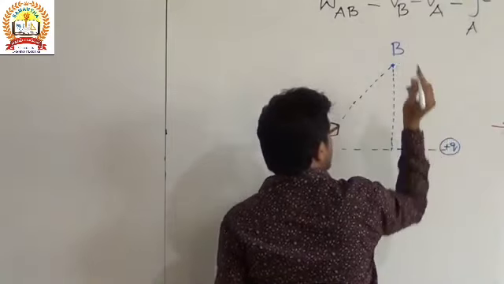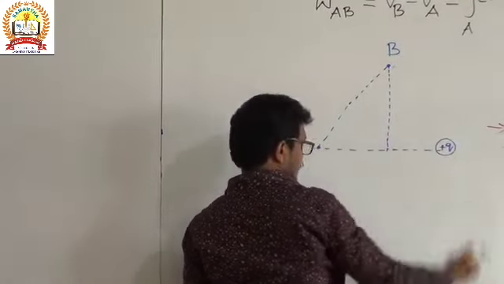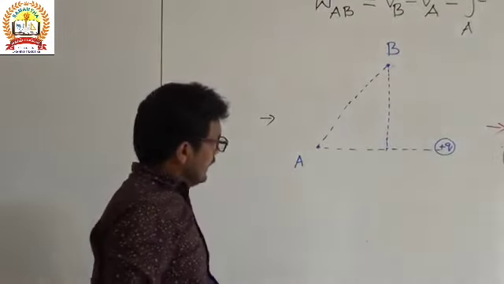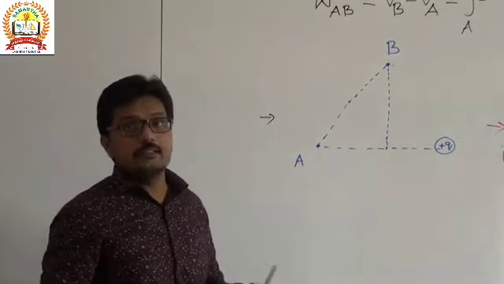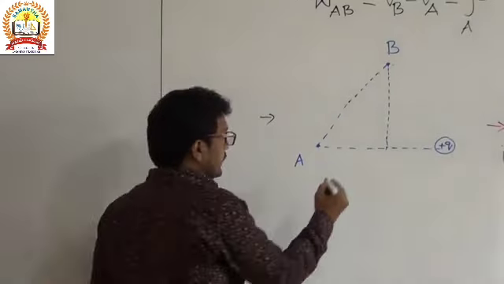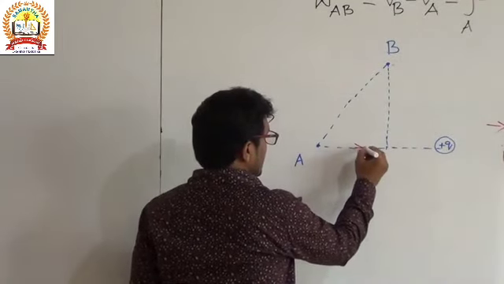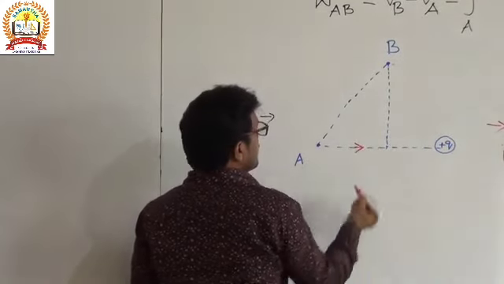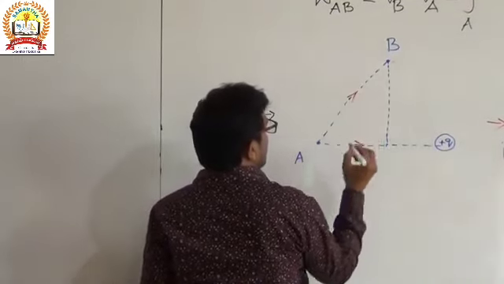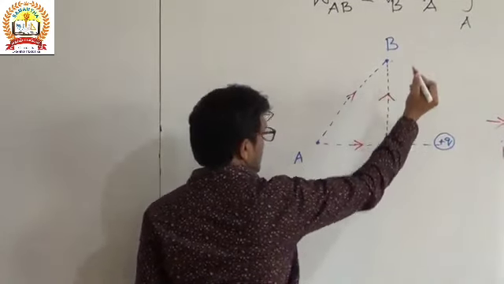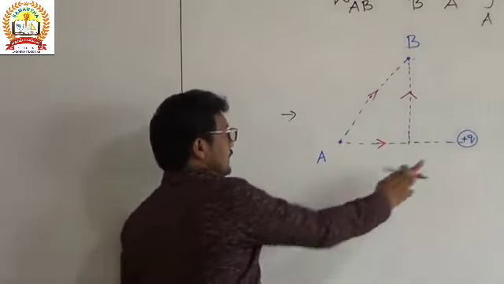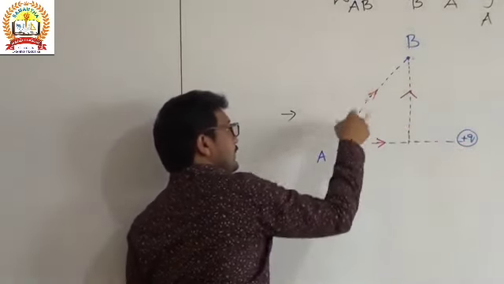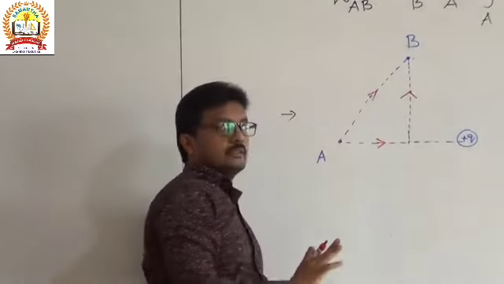So here this is the charged particle, and it is moving between A and B. Here you see one of the paths from A to B. So why am I showing that the charge is moving between two fixed points through different paths?